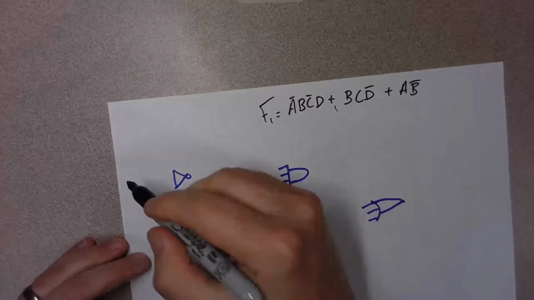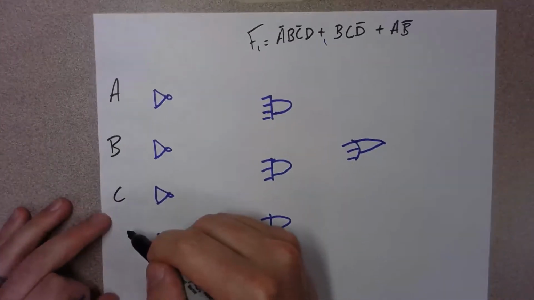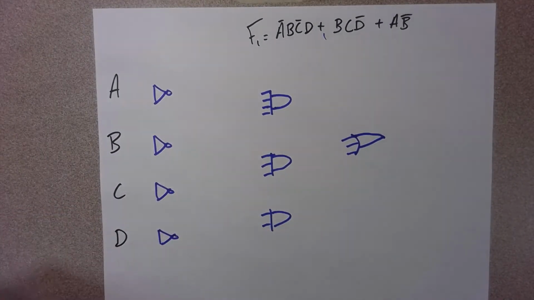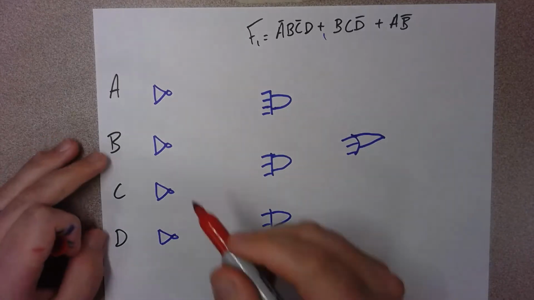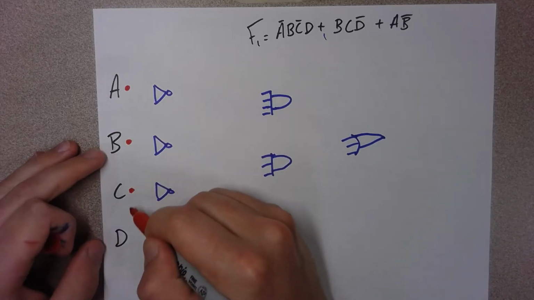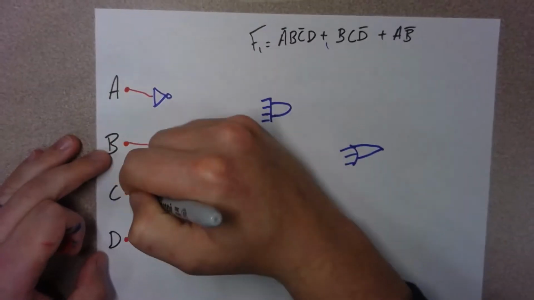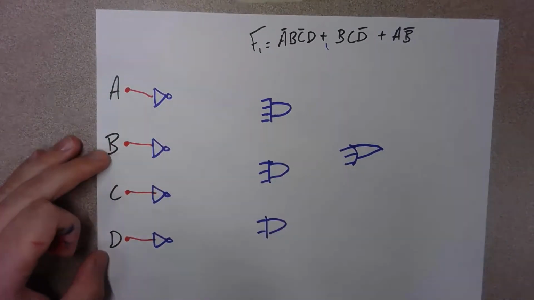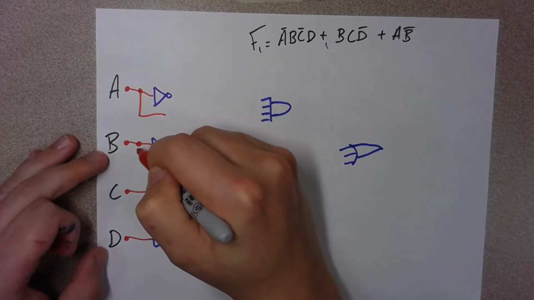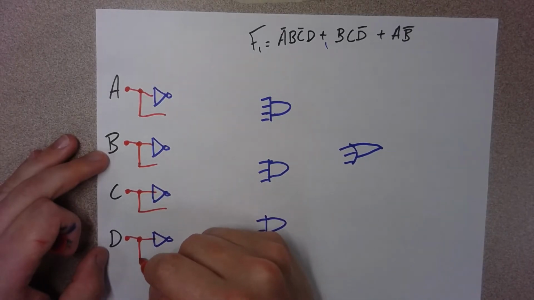I want a starting point for A, B, C, and D, and I'm going to draw all my attachments in red. I'm going to have a node to start out each of these. These will all go to their inverter gates, and we also have to use them in their standard form.